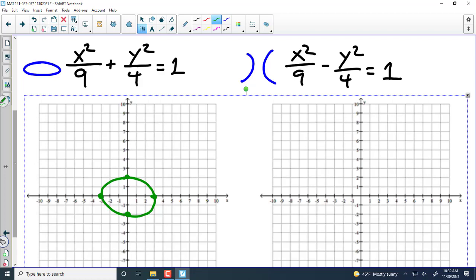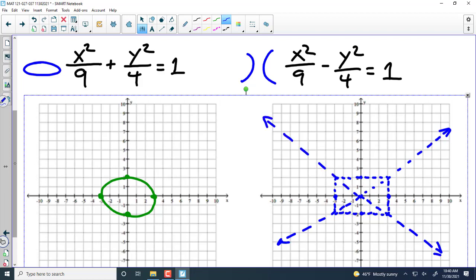The hyperbola is a more complicated one to draw. Of course it is. The hyperbola, we're still going to make those same 4 points, but then we draw that shape called the fundamental rectangle. We draw these two large slant asymptotes through the corners and through the center.